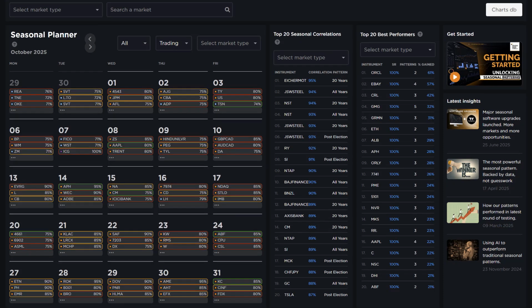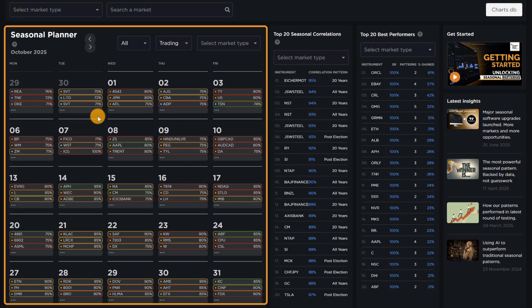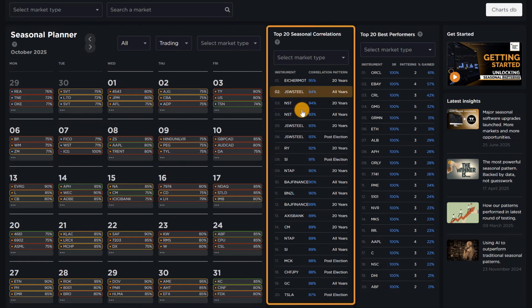So now that you understand those 2 concepts, how do we go about finding high probability markets to trade? As I mentioned earlier, there are 5 different ways you can go about this. First of all, we have our seasonal planner, which is front and center on our dashboard, which I'll go into in a lot more detail shortly. Secondly, we have our top 20 seasonally correlated markets list.